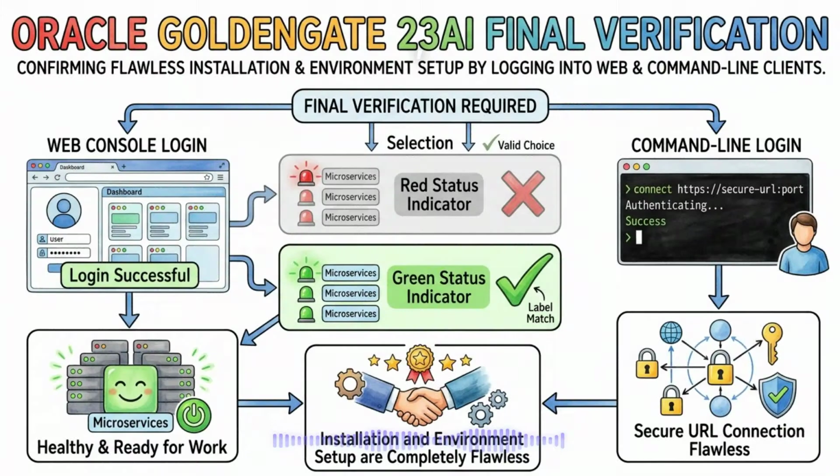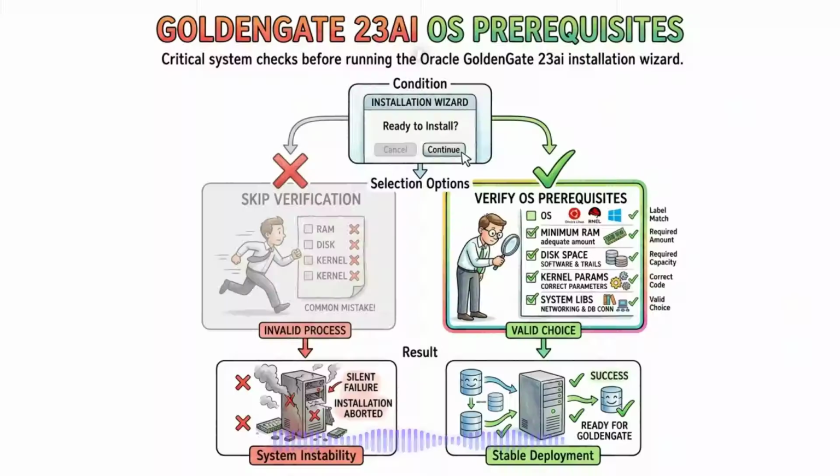Instead of typing a raw password into a clear text parameter file, you store the password inside this secure vault and assign it a simple nickname known as an alias. The exam will expect you to know that using the credential store is the mandatory best practice for protecting database access credentials. To add credentials to this digital vault, you will use the admin client tool and execute a specific set of commands to initialize and populate the store.